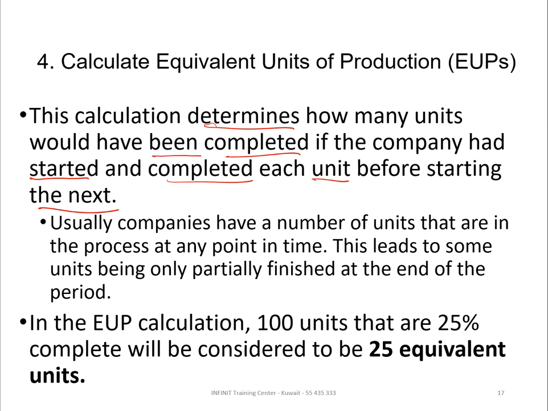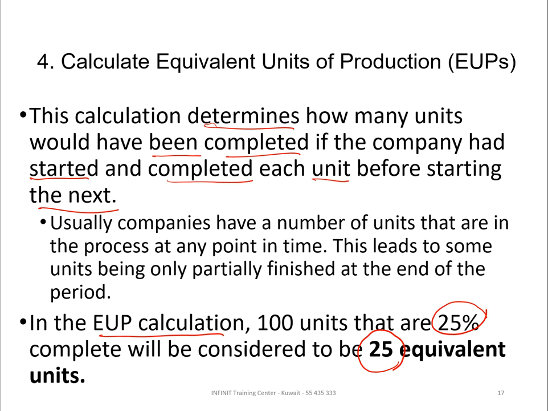We already discussed EUP, and in the EUP calculation we said 100 units that are 25% complete will be considered as 25 EUP. So 100 units that are 25% completed, we will consider as 25 completed units.